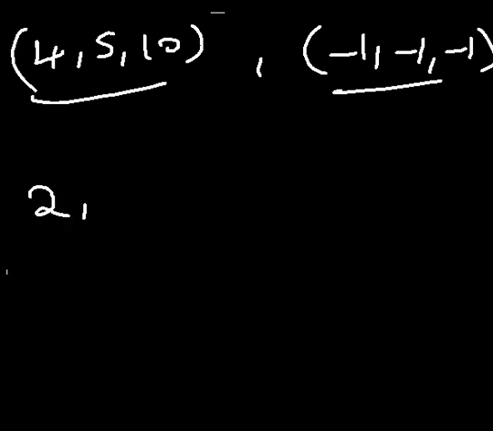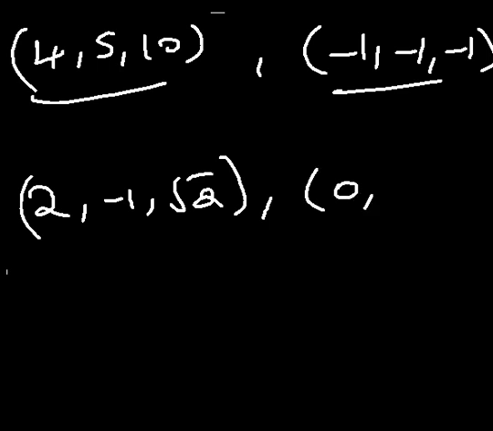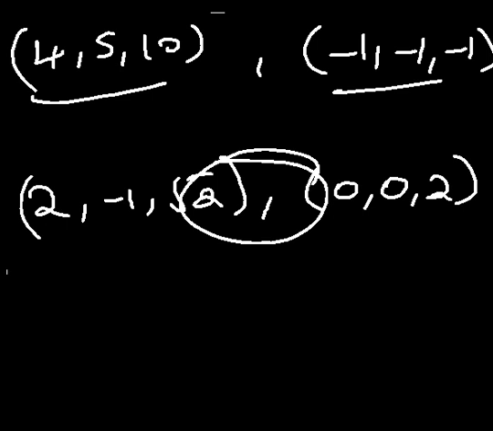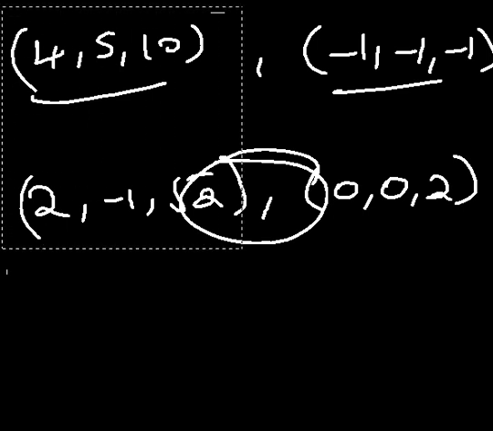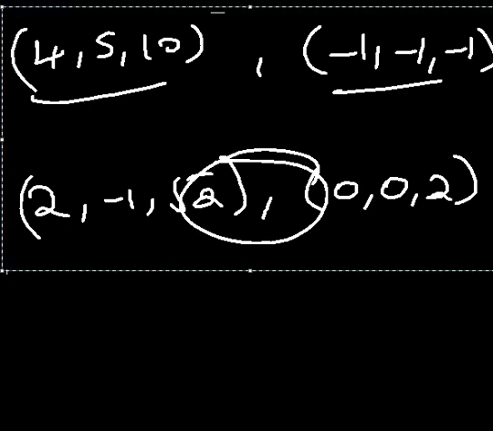Let's say we have (2, -1, √2) and (0, 0, 2). You should also try to get the equation of that sphere with those endpoints of the diameter. So take note of that.